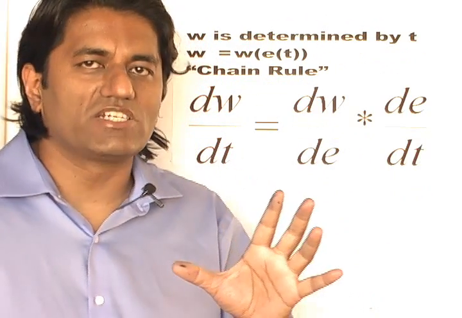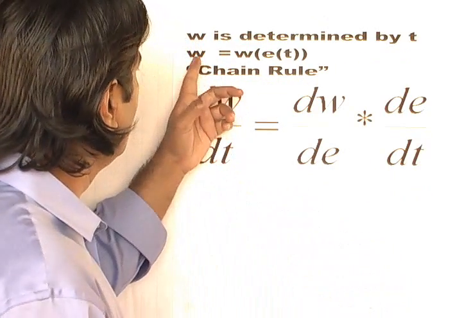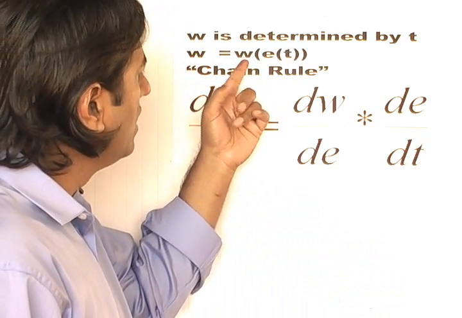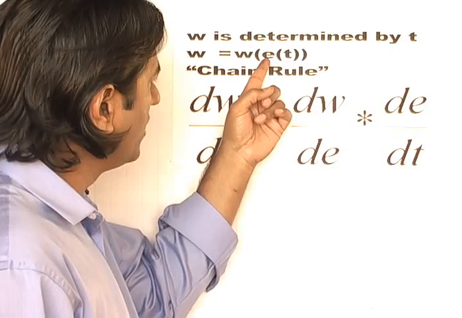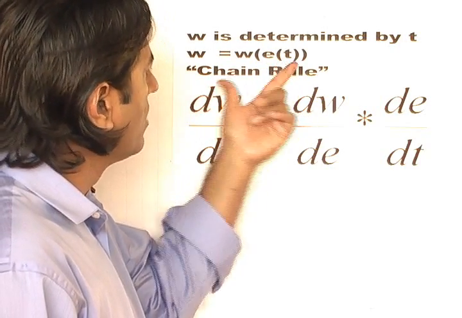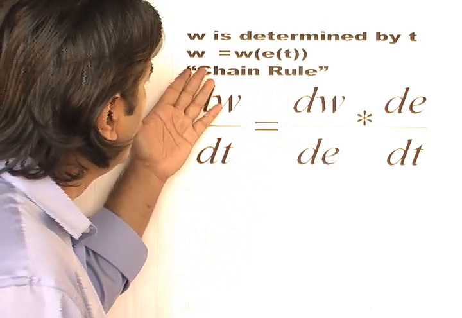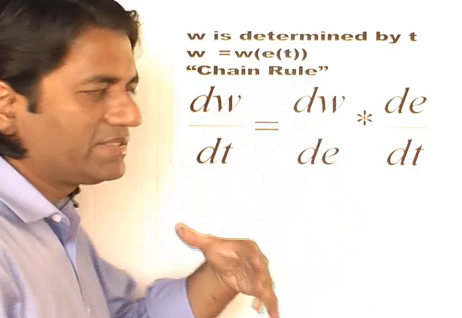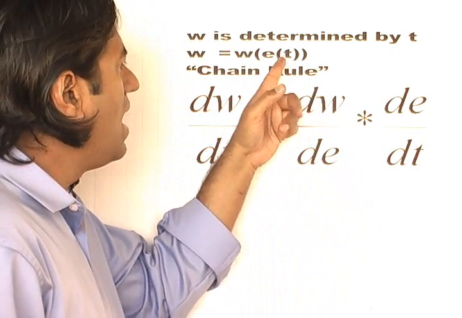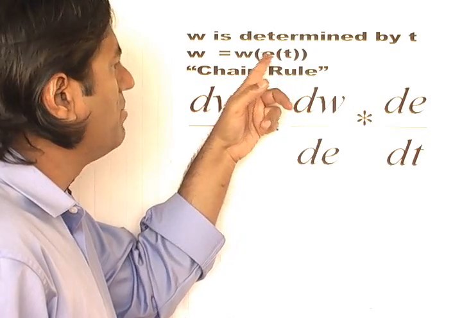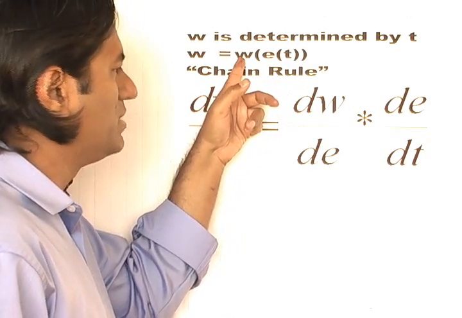So we write a function of a function: the water level W equals W as a function of evaporation rate, which is a function of the temperature. So we have W as a function of T, but it's a function of a function, and T, the temperature, determines rate of evaporation, which in turn determines W.